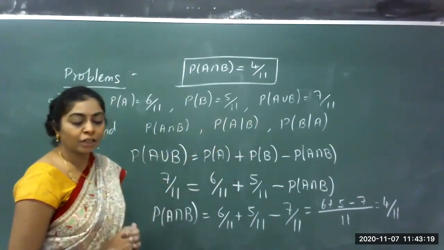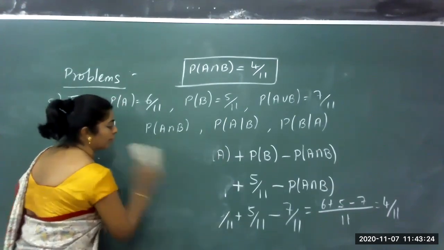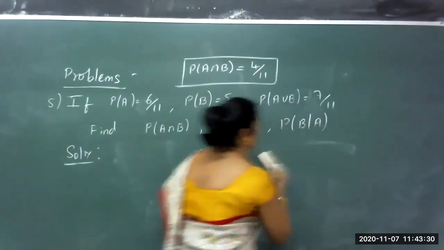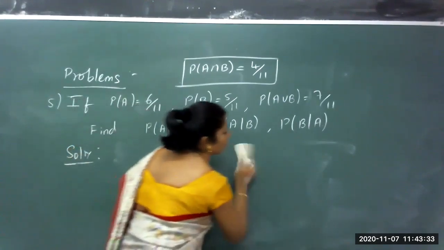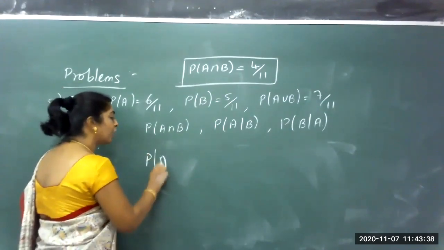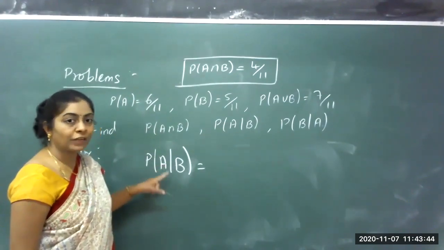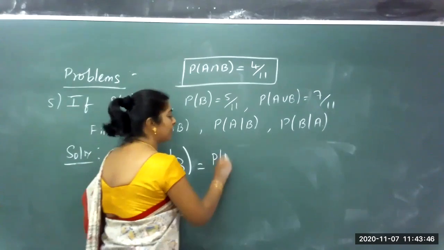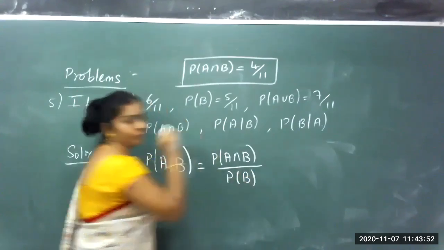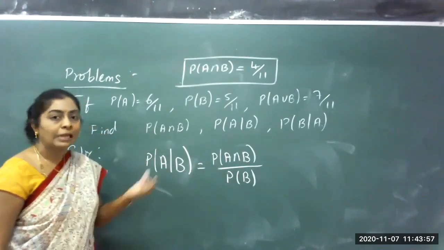Similarly, I will try to find the other two conditional probabilities. Let me take conditional probability of event A when event B has occurred. It is probability of A intersection B divided by probability of B. Let me substitute.